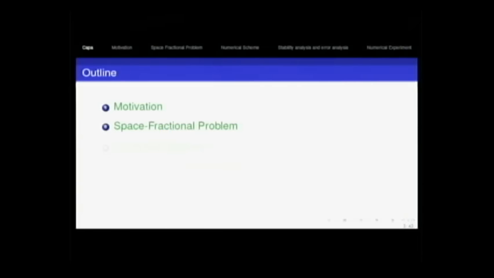Today, I think most simulations are done in two dimensions with the finite element method. And very few papers treat high dimension because the introduced operator makes things complicated for the simulation. Then we introduce some numerical schemes.